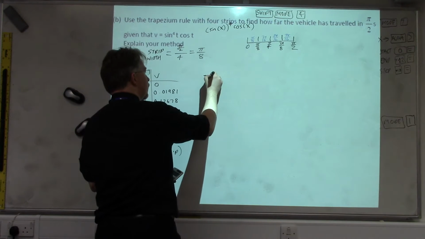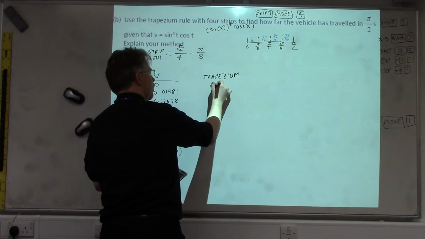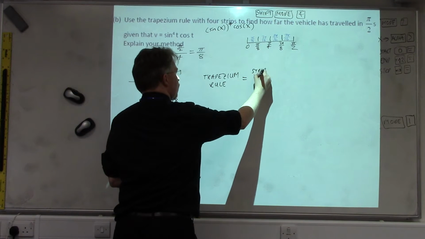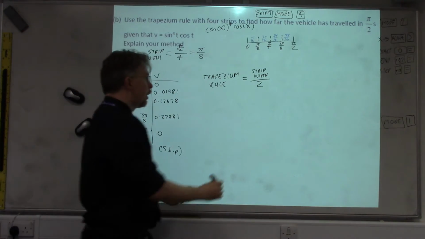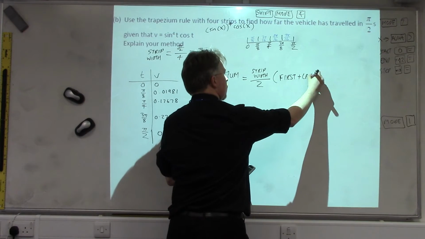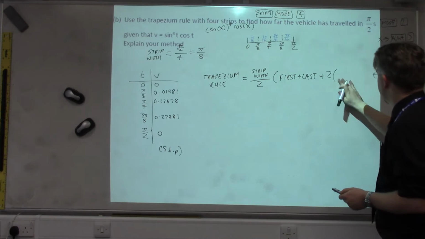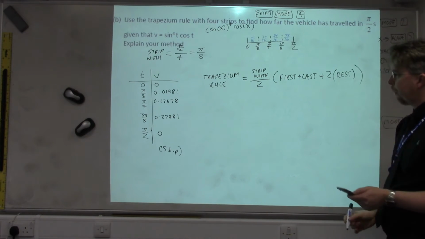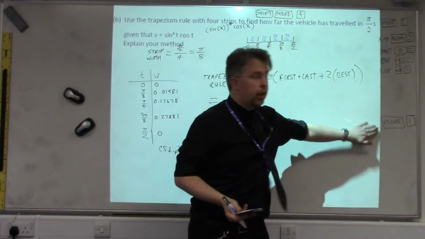The trapezium rule equals strip width divided by 2, open bracket, first plus last, plus 2 times, open bracket, the rest, close bracket, close bracket. So we need mode 1 to go back to calculator mode.